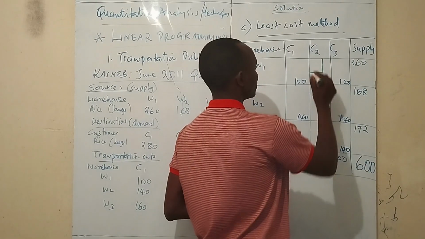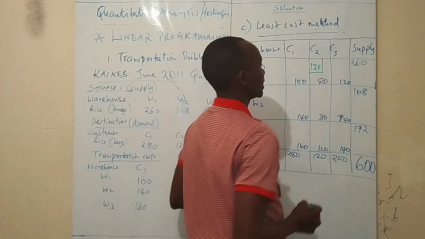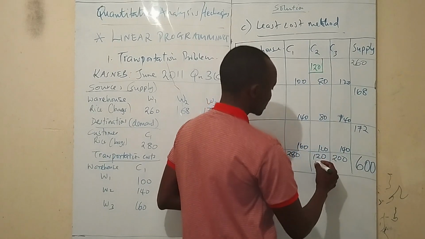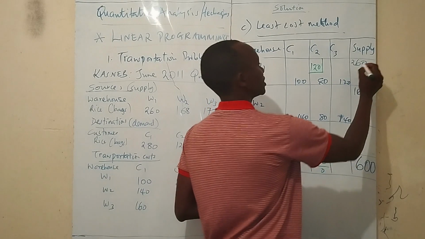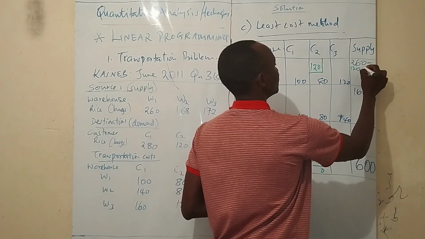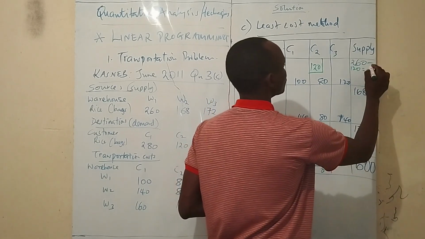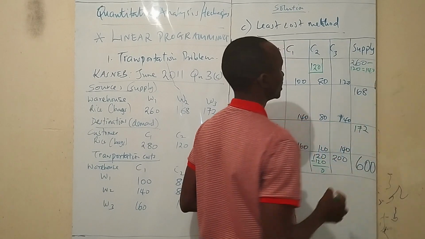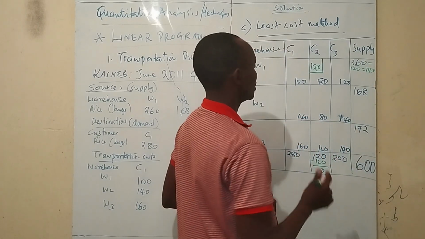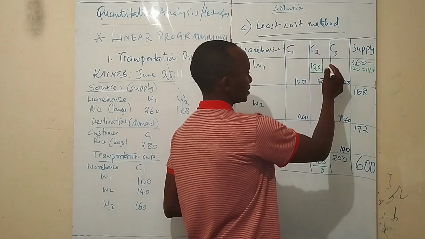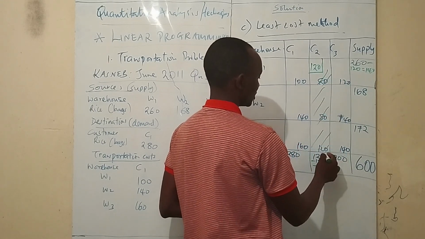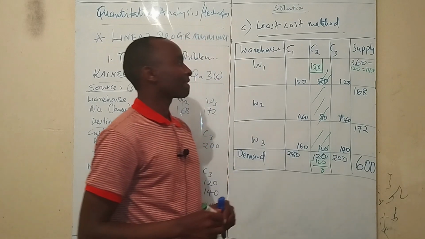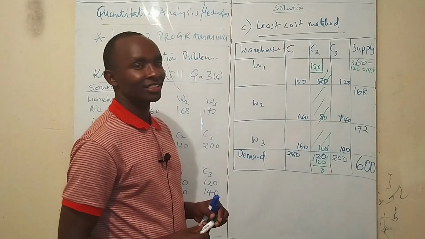So we allocate the 120, and then this customer is satisfied. You remain with 0, and then you say 260 minus 120, you remain with around 140, right? So this customer is satisfied. Now you cross this column, the least cost method. Are you together?